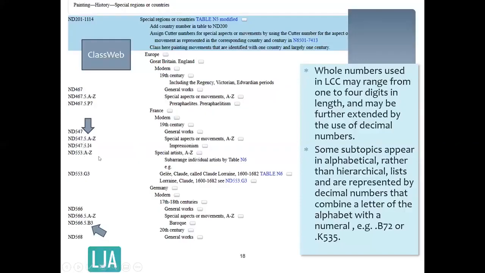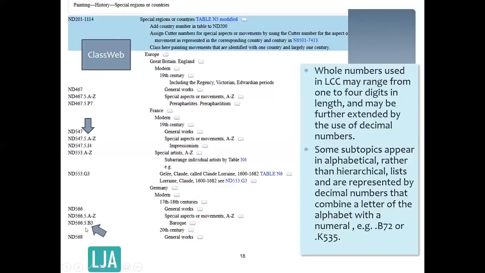So what you will do in terms of figuring out where you're going to start with your number, sometimes you will get very lucky where, for example, we have painting Germany and we have the Baroque time period. We know we have Germany, we have Baroque painting, history of Baroque painting Germany, some book about that.